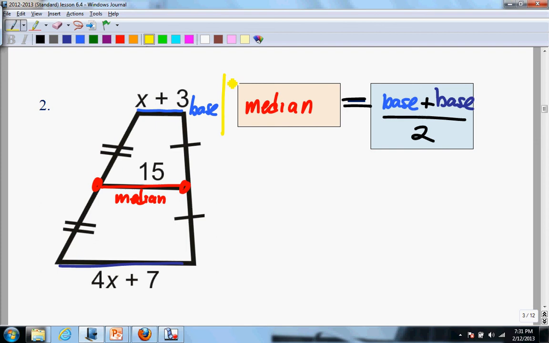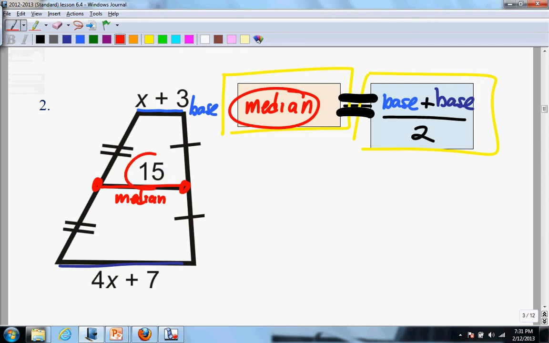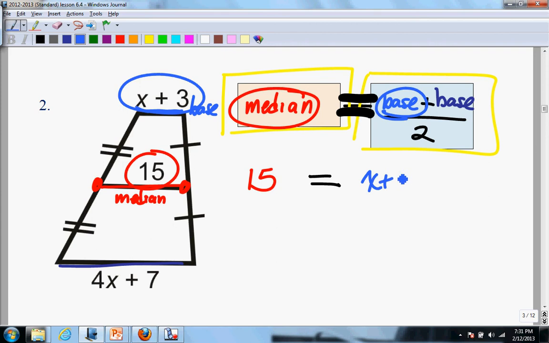Remember, when you write equations, an equation has two sides with an equal sign. Now we're going to solve for our unknown here. So we're going to circle, plug, chug. We circle median, pick it up, base plus the other base.